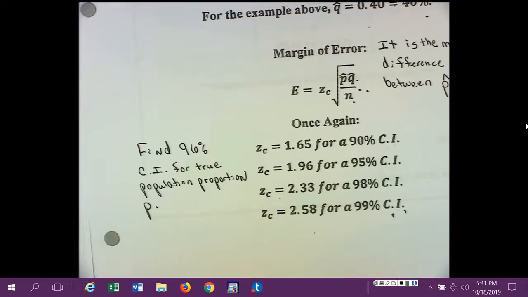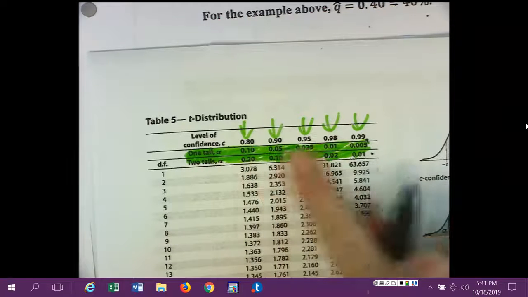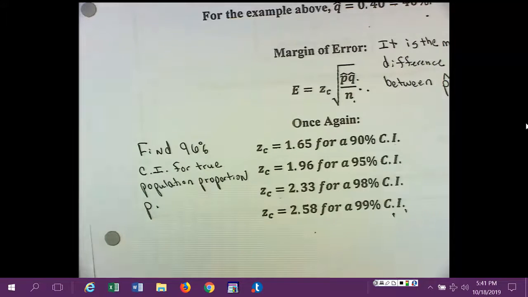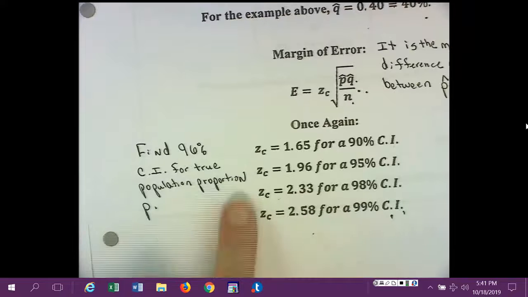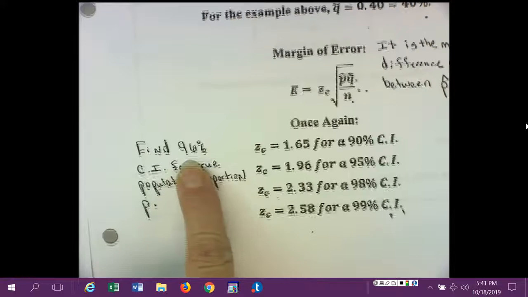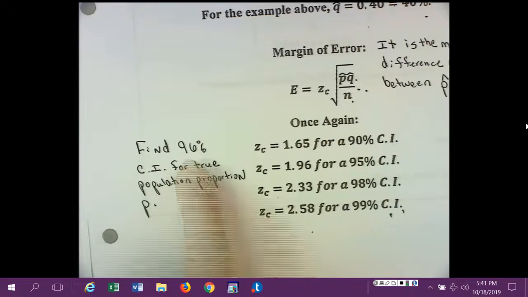Remember, when it's a t interval for the mean, I can only ask you 80, 90, 95, 98, 99. Now that we're talking about proportion intervals for true population proportions, and these are still z intervals, I can go back to asking you for those that are not in the list.